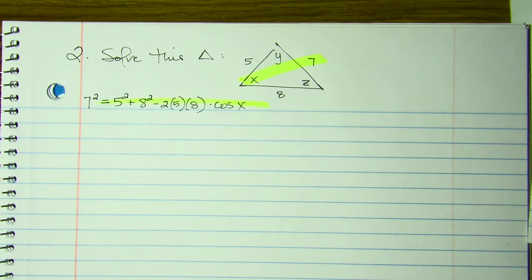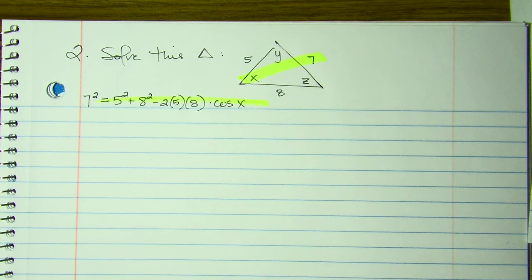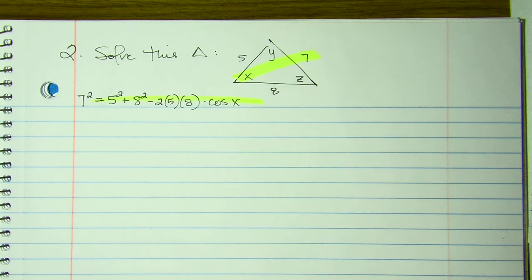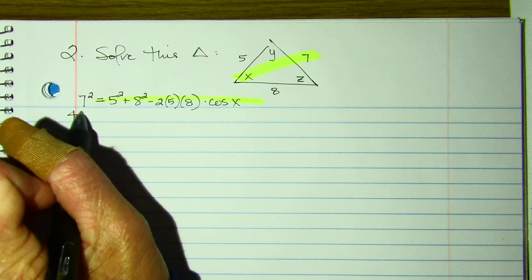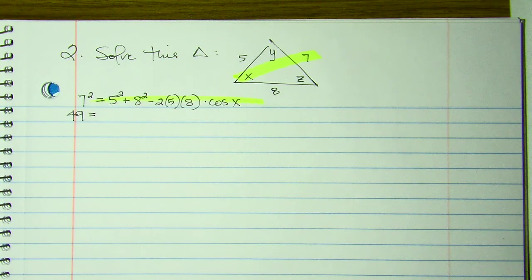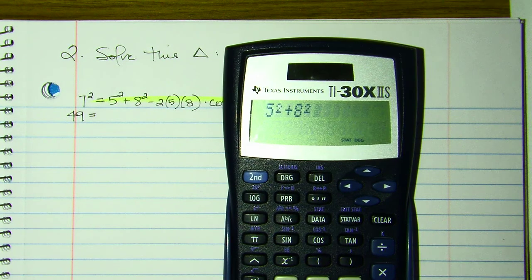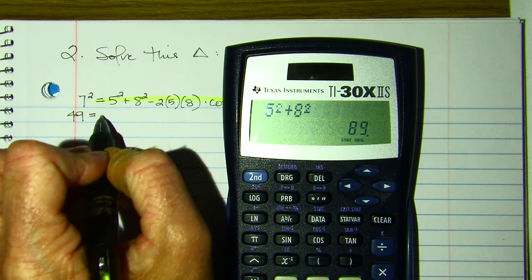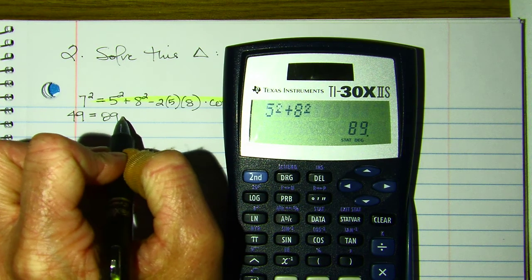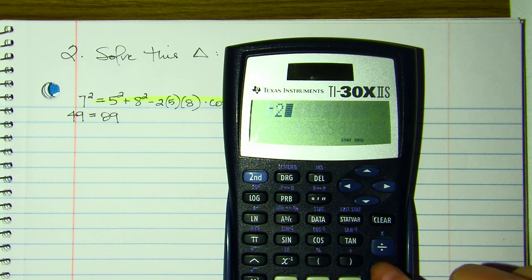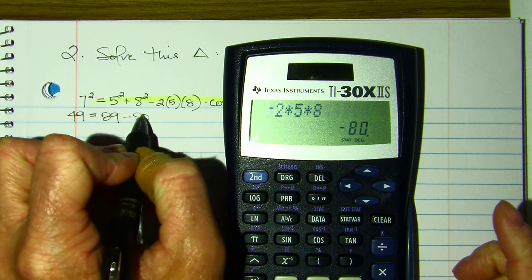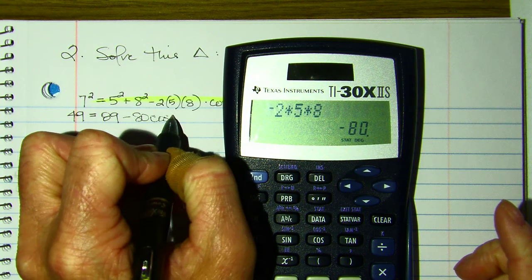So in this one, I can't simply just enter the right-hand side because I don't know the cosine of x. But I can simplify, so this is 49 equals, let's start with 5 squared plus 8 squared. That gives me 89. And then a negative 2 times 5 times 8, that gives me minus 80 times the cosine of x.